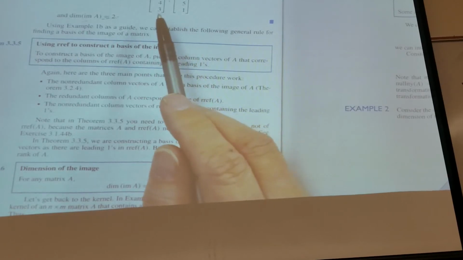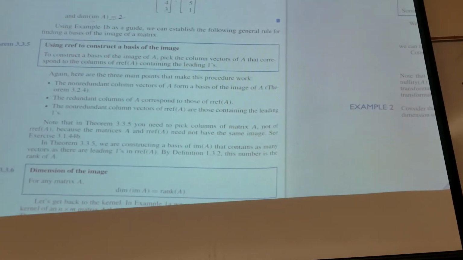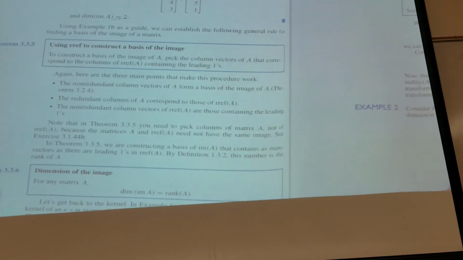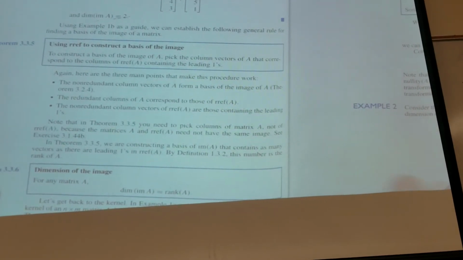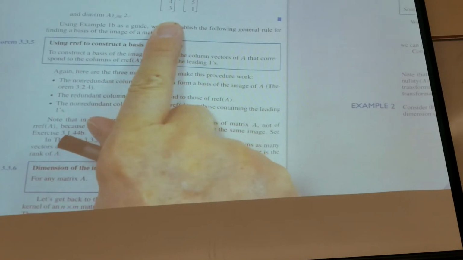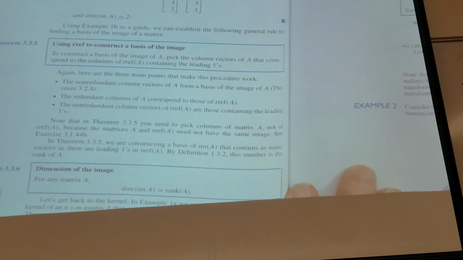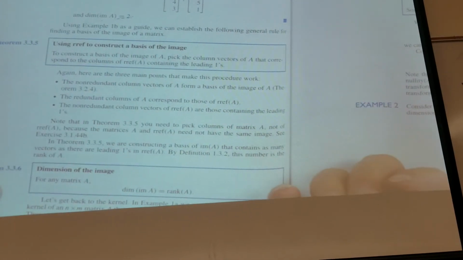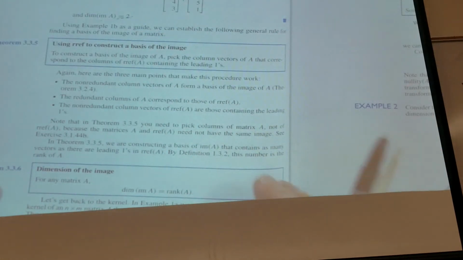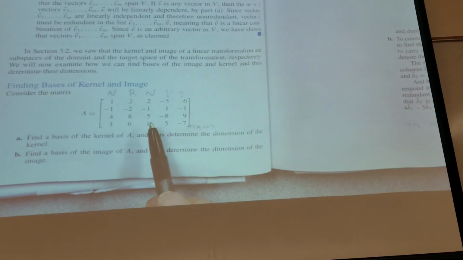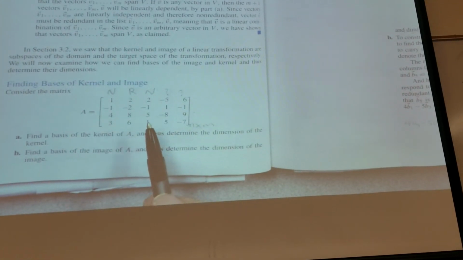So you find B1, B3 being the non-redundant ones in RREF of A. Then you just go back and look at the columns of the matrix A. So B1, B3, you change to A1, A3. First and the third column. So 2, minus 1, 5, 1. Indeed, that's the third one in A, right?